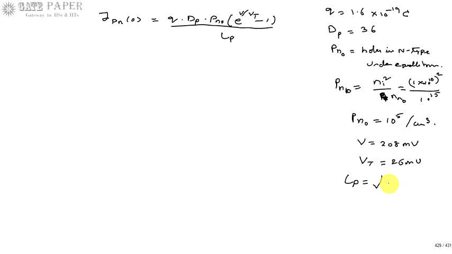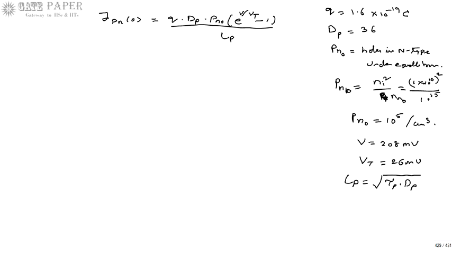For that one, the equation is going to be square root of tau P into DP. Tau P is nothing but the average lifetime of hole in N region. Always diffusions are related to minority carriers.